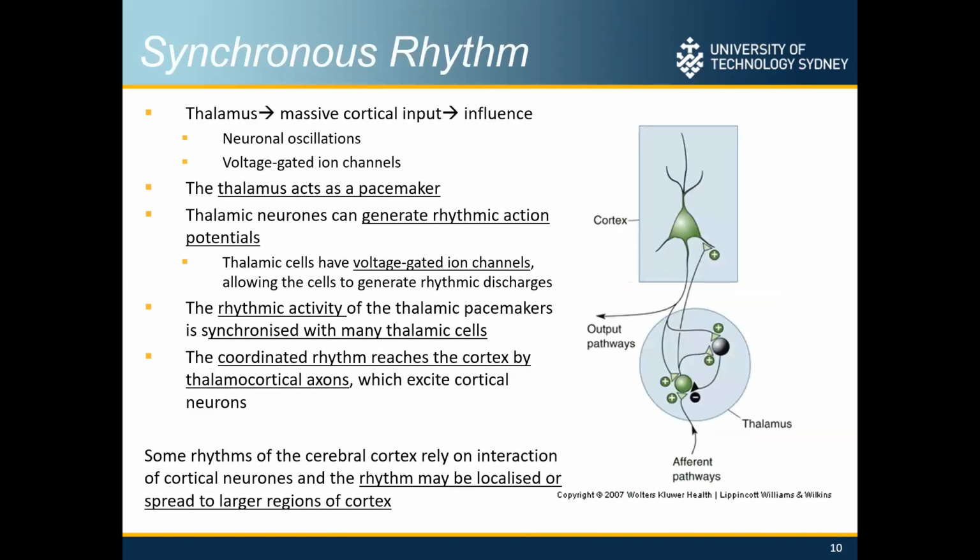So as I mentioned before, the thalamus acts as the pacemaker in the brain, and the thalamic neurons can essentially generate rhythmic action potentials that is propagated to the cortex, which tells the cortex when to fire.